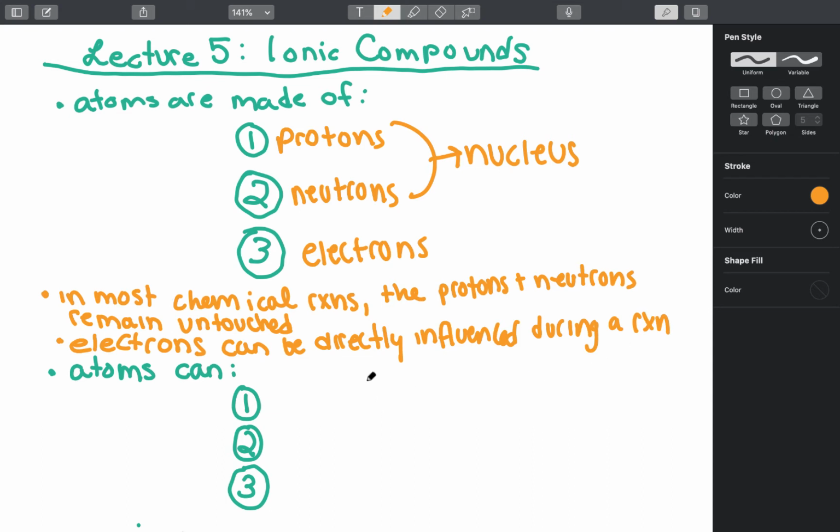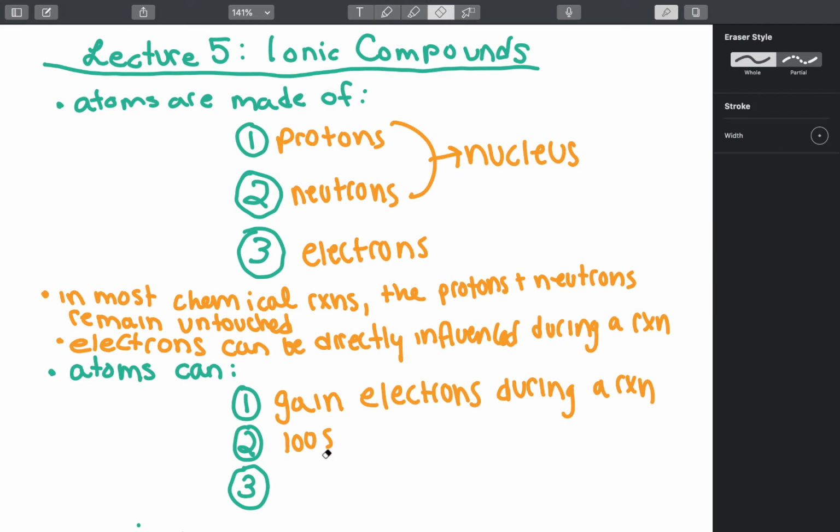So what do I mean by this? Well, electrons can be gained. So atoms can gain electrons during a reaction. Atoms can lose electrons during a reaction.